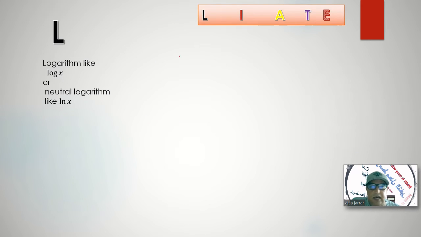Now, if I have this integral, ln x dx, I go to the list. L means logarithm, so u will be ln x, but there is the other function dv. Where is dv here?